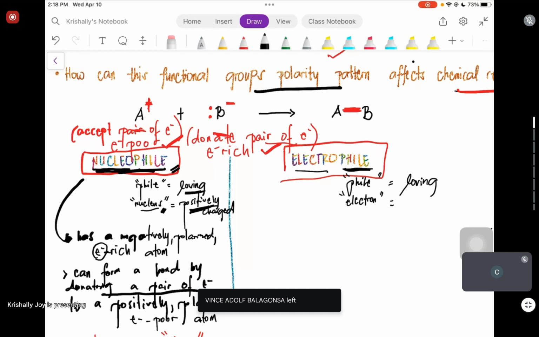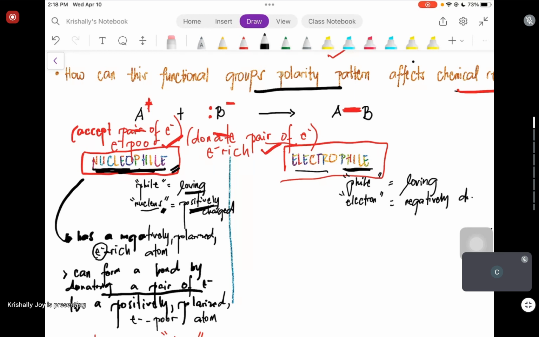Based on your stock knowledge, an electron is a subatomic particle of an atom, a negatively charged particle. So an electrophile is attracted to negative. It is negative loving. Why is it attracted to negative? Because an electrophile, in nature, has a positively polarized center. So that's the definition of an electrophile.